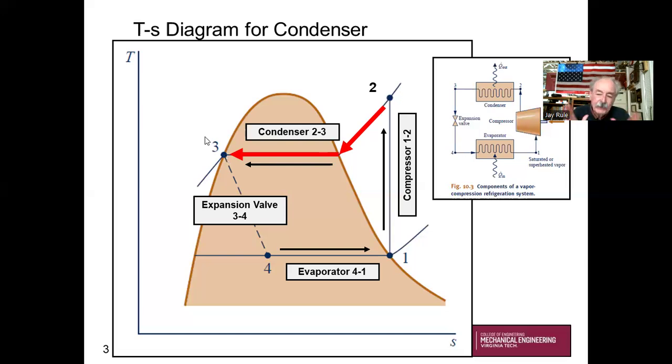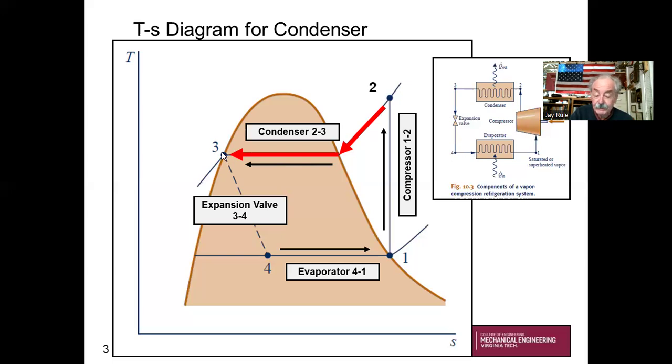There are a few times you may be asked to do a homework problem where there is some slight subcooling, in other words, getting into the compressed liquid phase. But in most cases, in most of my practical experience, I've considered the condenser outlet to be a saturated liquid.